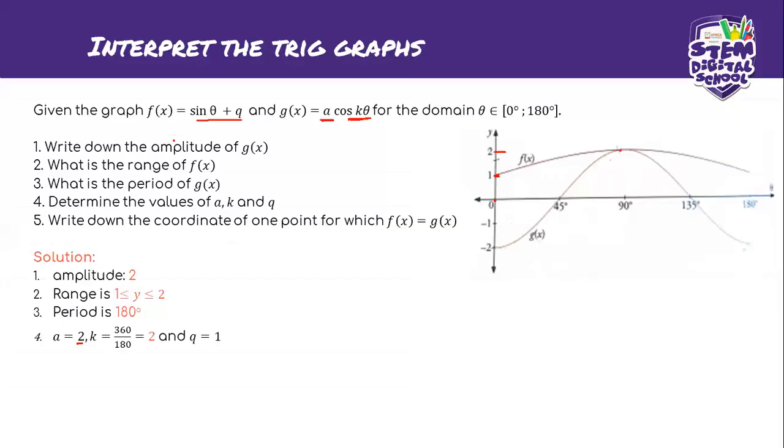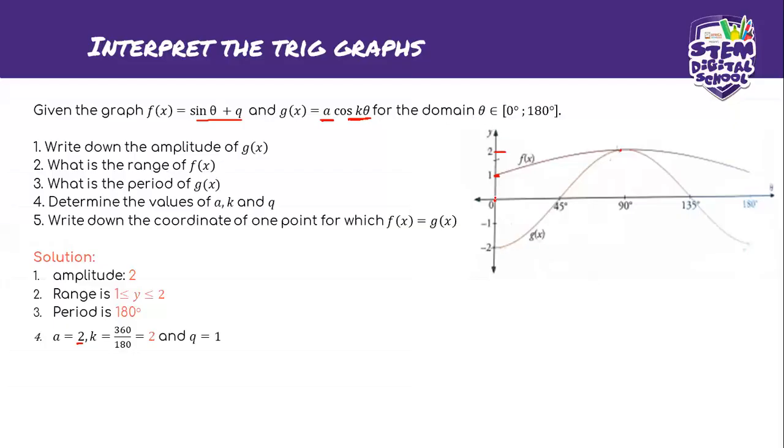Now, let us go to the f of x graph. This is the graph. When you look at this graph here, this is the sine graph. The original sine graph normally starts at 0, but in this case, you can see that the graph is no longer starting at 0, meaning the graph shifted.